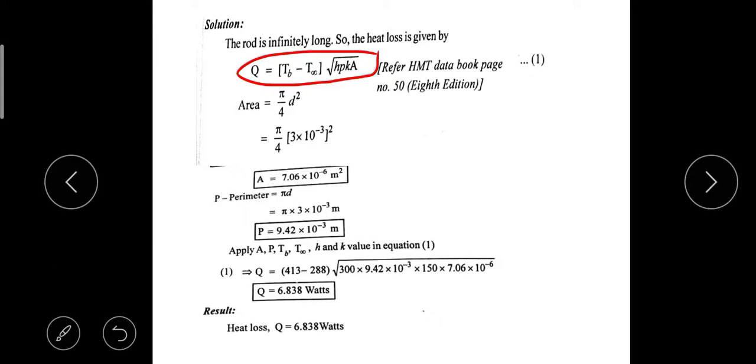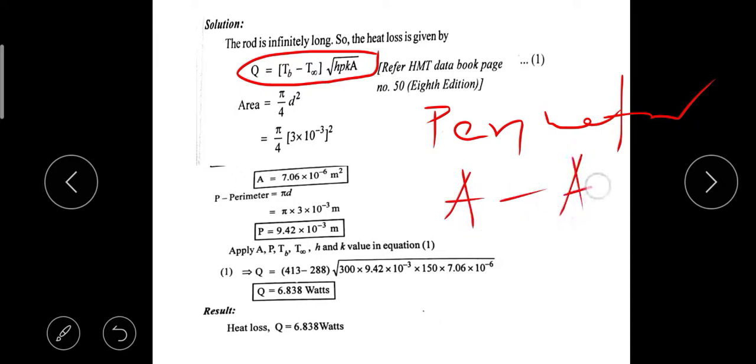In this formula, Tb is given in our sum. T infinity is also given. Then h and k are also given. The unknown values here are P and A. P is the perimeter and A is the area.